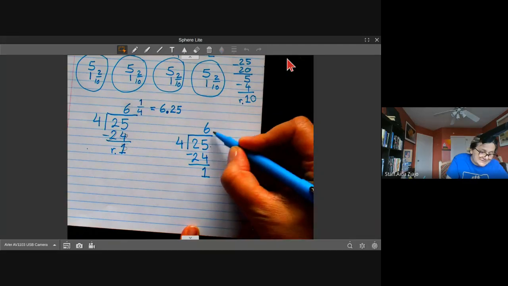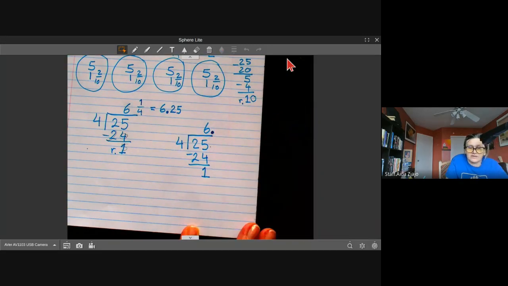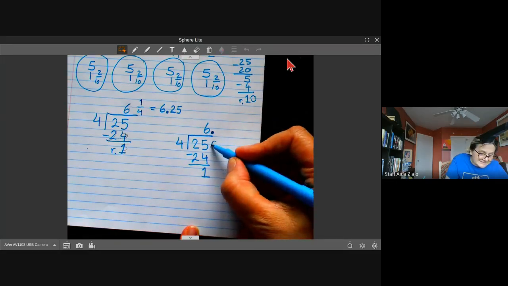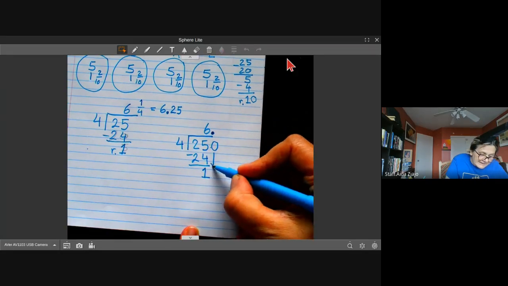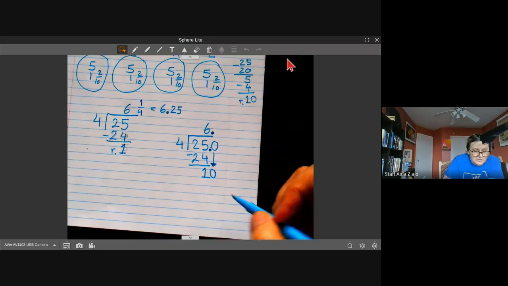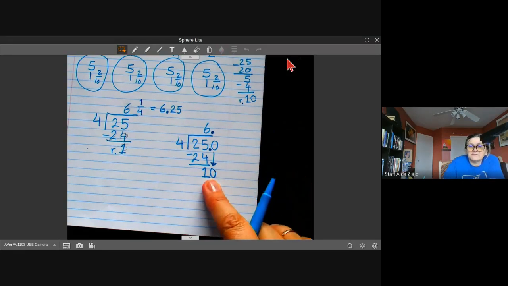I'm going to put the decimal point in my answer because now I don't share any more whole things. I have a decimal part here. So I'm going to add a 0, right here. Then I will change that 1 whole into 10 tenths. Okay, 10 parts.